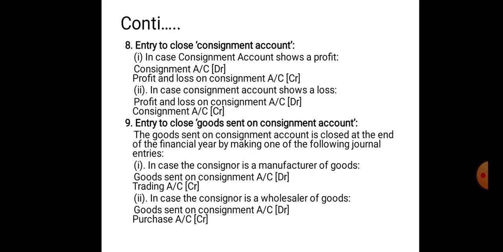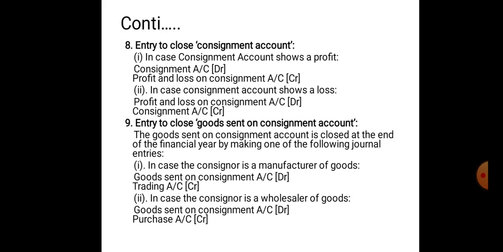Now coming to the entry to close the goods sent on consignment account. The goods sent on consignment account is closed at the end of the financial year by making one of the entries.